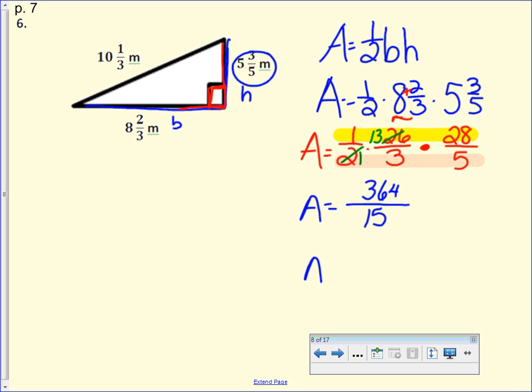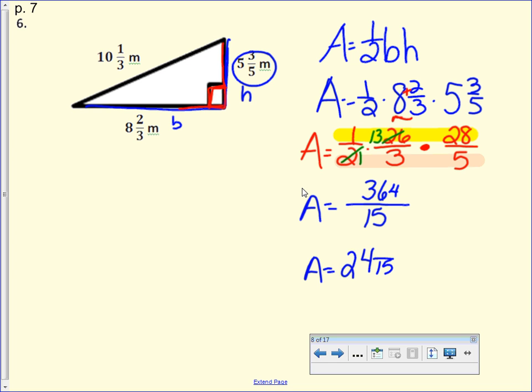Can I leave that as an improper fraction? So divide. What is 364 divided by 15? What is 364 divided by 15? 24.2. All right, 24. I'm going to stop you there.